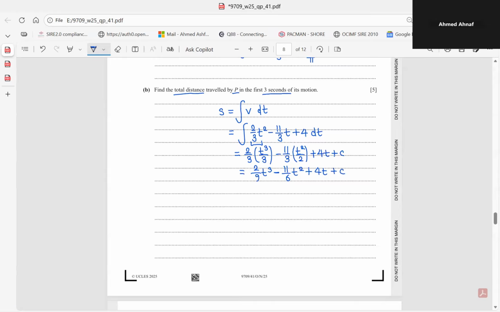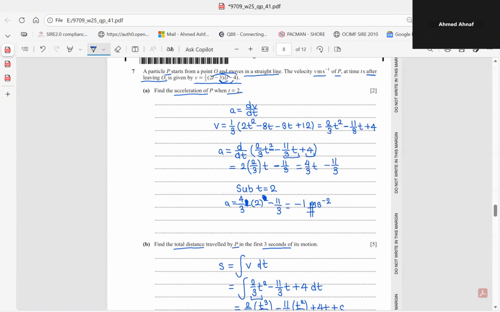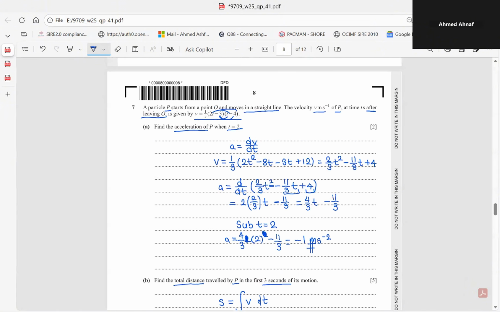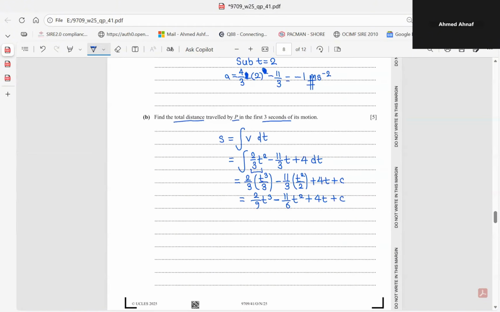So we have this unknown constant, all right? So we have to find what C is. We know that particle P starts from point O. So at point O, the displacement is 0, and time t is the time after leaving O. So obviously t is equal to 0. So S is equal to 0 when t is equal to 0.